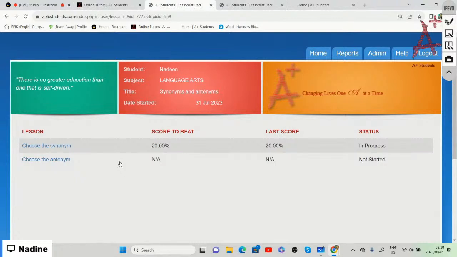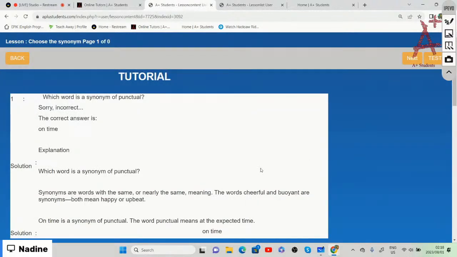We said synonyms are words with the same meaning, not necessarily exactly the same, but it can be nearly the same. So synonyms are words with the same or nearly the same meaning.